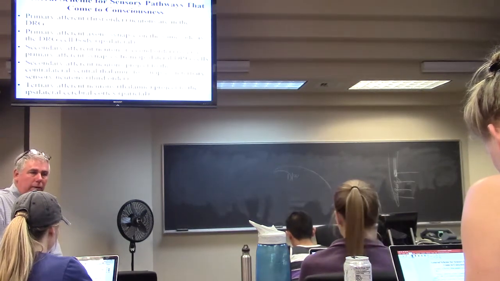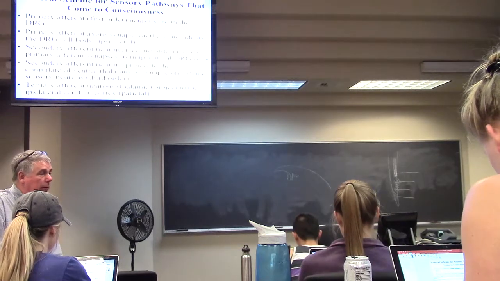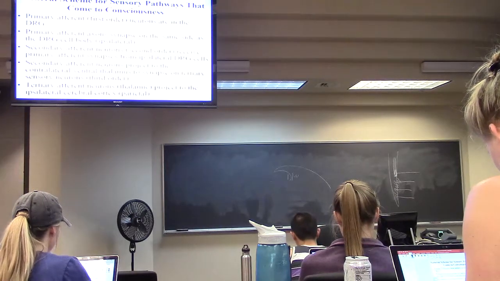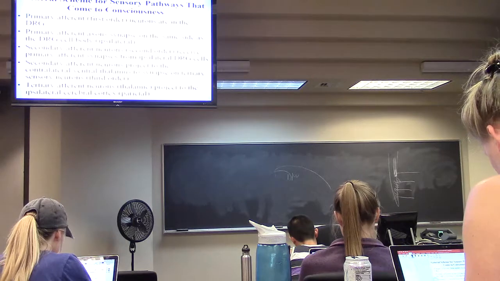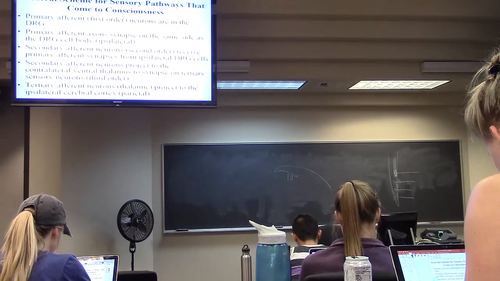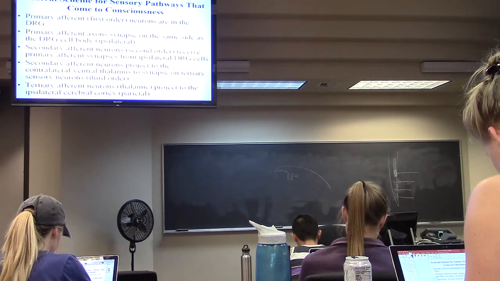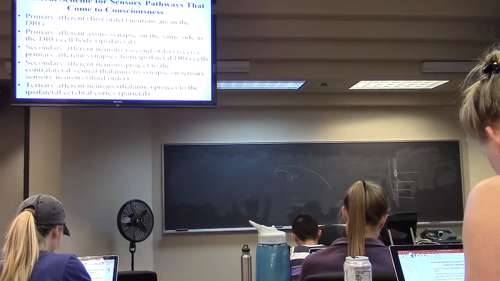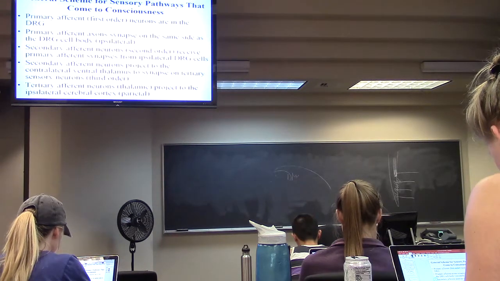The VPL contains the third order neuron that will take the information to the cortex, to the sensory cortex. The primary sensory cortex is Brodmann's area 3-1-2.